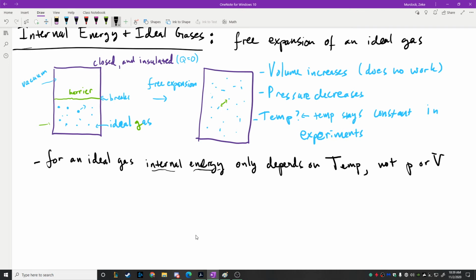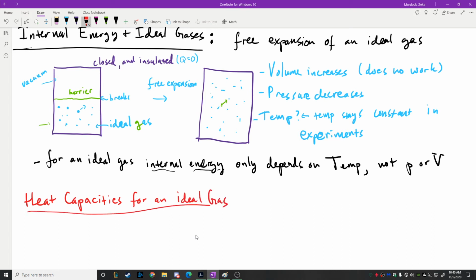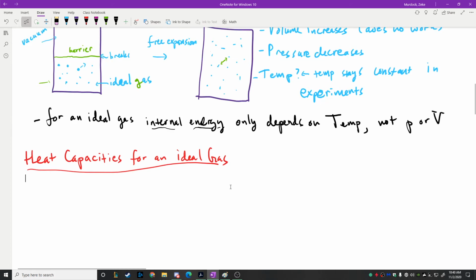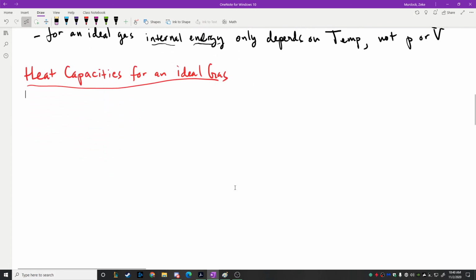So, specifically now we're going to be talking about heat capacities for an ideal gas. This is something we've talked about before. We've obviously talked about heat capacities.